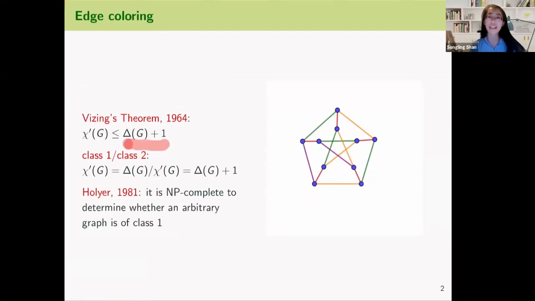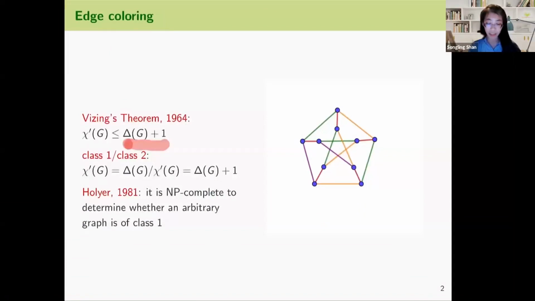So from here, we can see that for all simple graphs, its chromatic index is either the maximum degree or maximum degree plus 1. So naturally, we can partition all simple graphs into two classes. Class 1 are those with the chromatic index equal to the maximum degree, and class 2 are the rest. So although only two classes, it was proved by Holyer in 1981 that it's NP-complete to determine whether an arbitrary graph is of class 1.